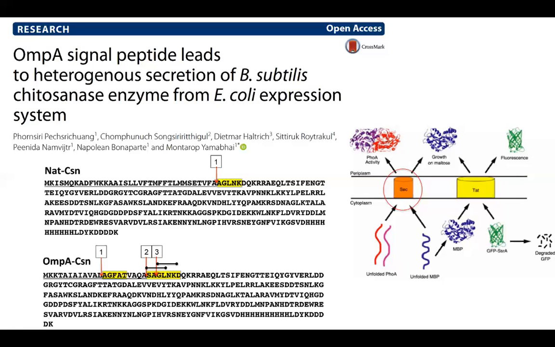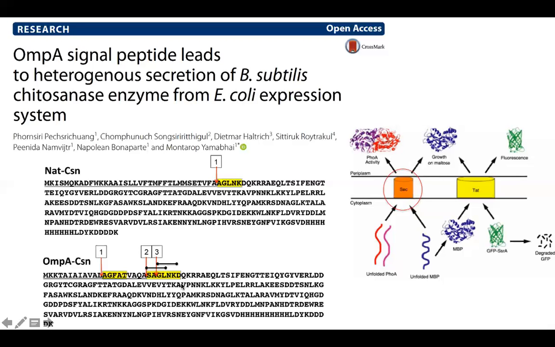But you can also fuse a secretion signal from E. coli to the enzymes, and then the enzyme can be secreted out. But of course, it is not as perfect as the natural secretion peptide.